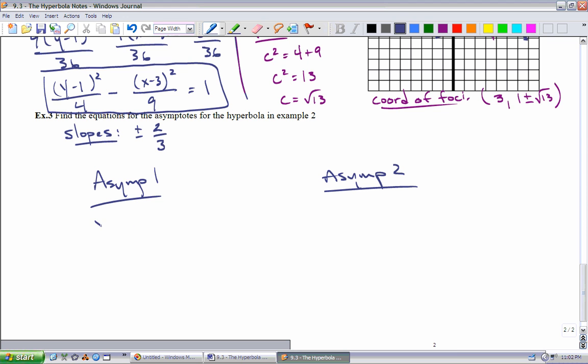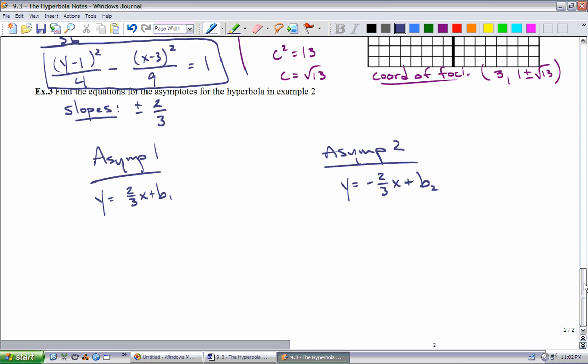Asymptote 1 we can say is y equals 2/3 x plus some y-intercept b1, and asymptote 2 is negative 2/3 x plus some y-intercept b2. Well, in order to solve for these y-intercepts, we need to have a point that's on the line. Well, what's convenient is the center, in this case, which is h, k, sitting at 3, 1. And that point is on both of these.